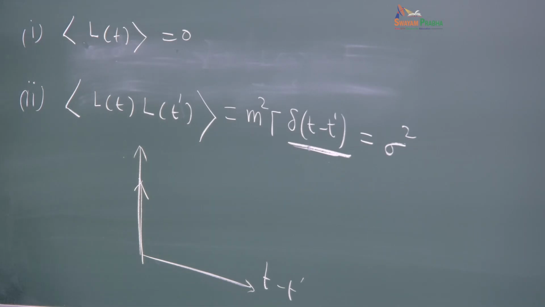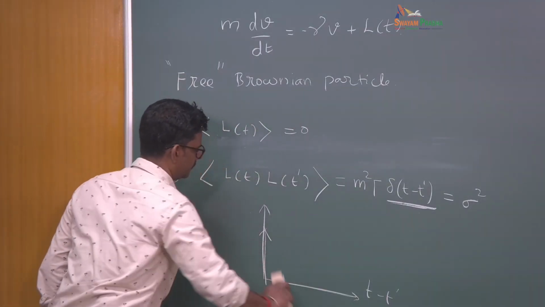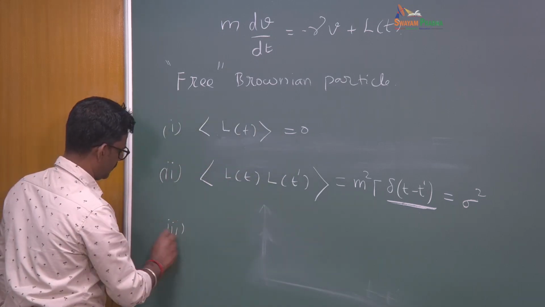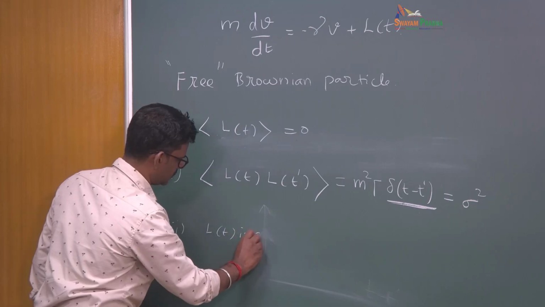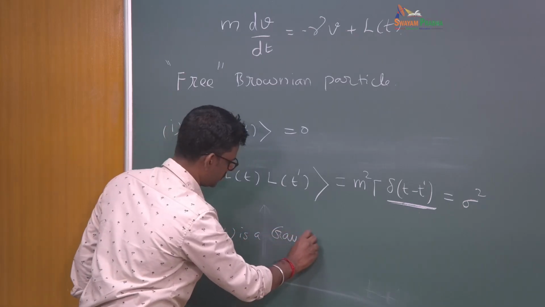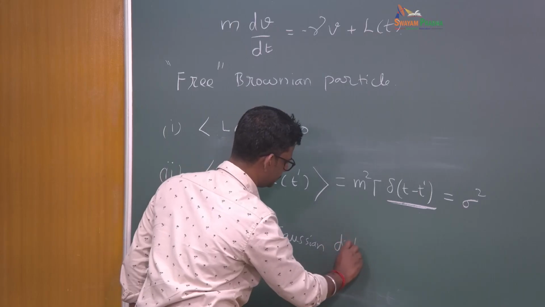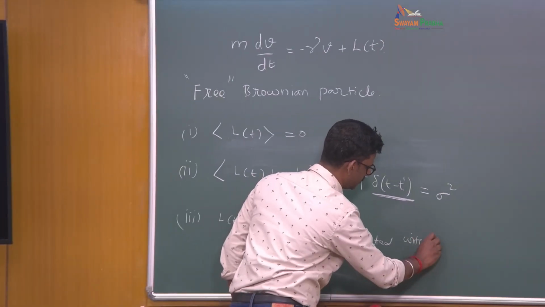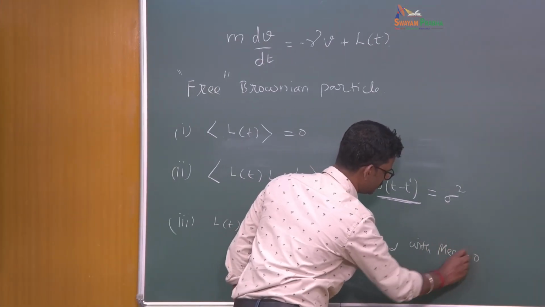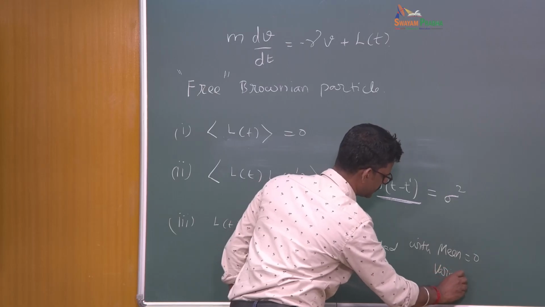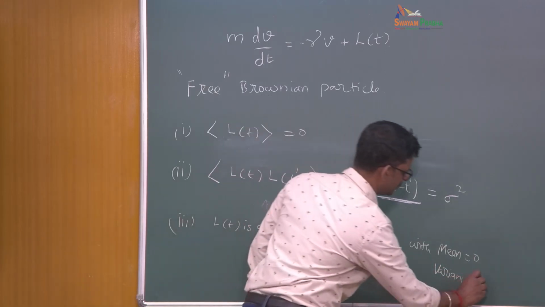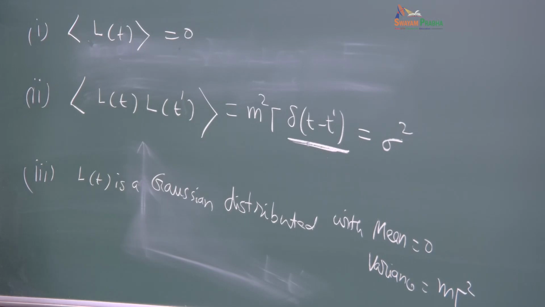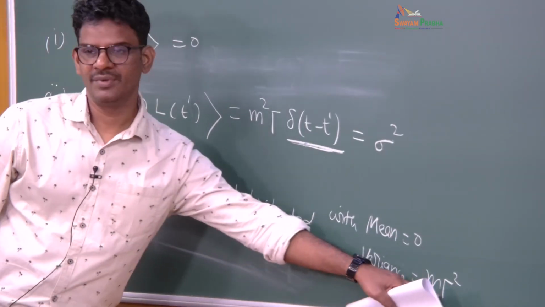So L of t is Gaussian distributed with mean 0 and variance of this m square gamma. Also remember that in the previous discussion we qualified what this m square gamma is.